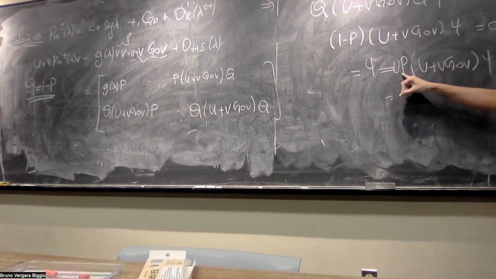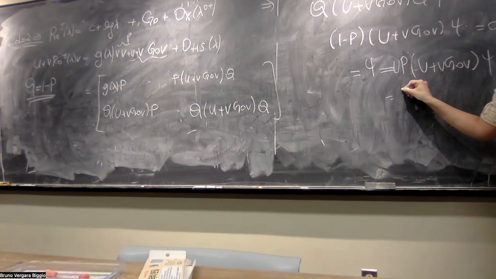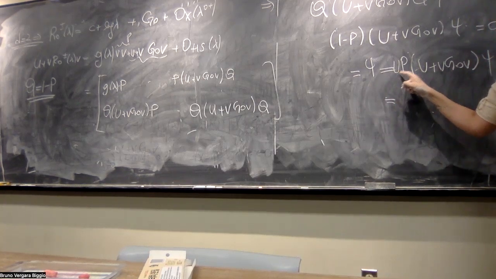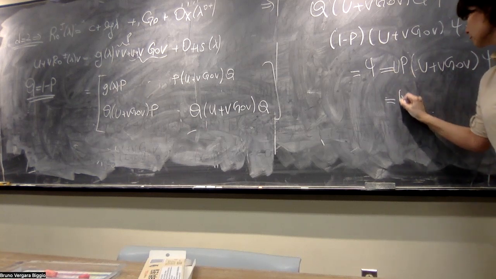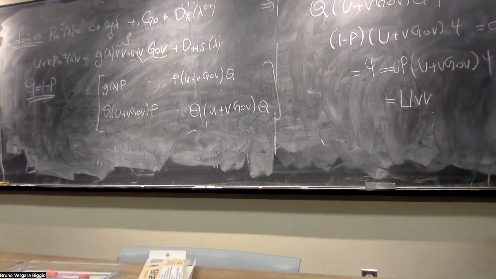So in particular, this is a projection. P, if I write it as a kernel, I'm going to write it as a kernel here. So I will have V V. It's going to look like this. So U, P is projection on V V. So I will have U plus V G0 V phi, and I will have negative U V G0 V phi.